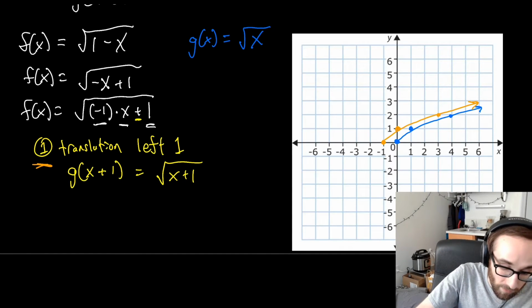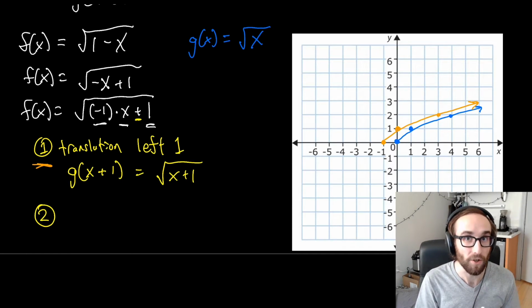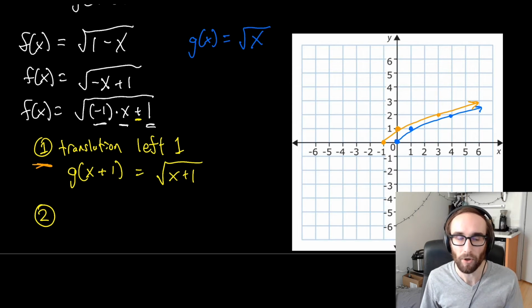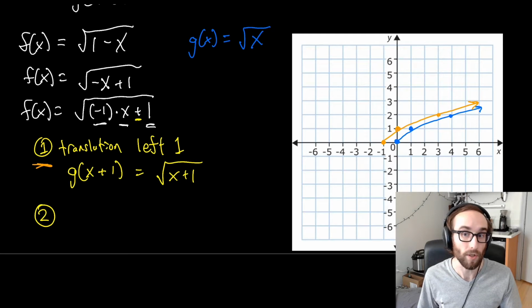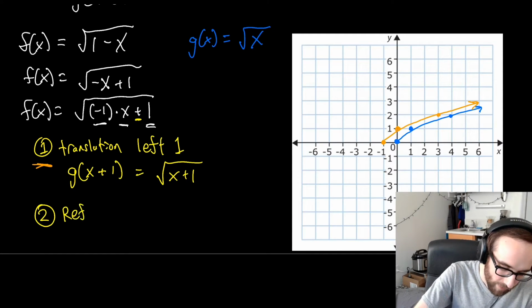Our next step, and our final step in this case, would be to apply our multiplication. Because we're multiplying by 1, we're not actually changing the shape of our graph. The negative means that we're doing a reflection, however. So the shape of our graph is the same. We're not stretching or compressing it, but we are going to reflect.